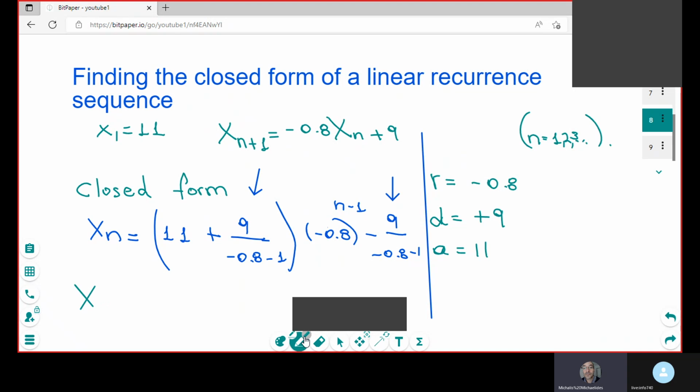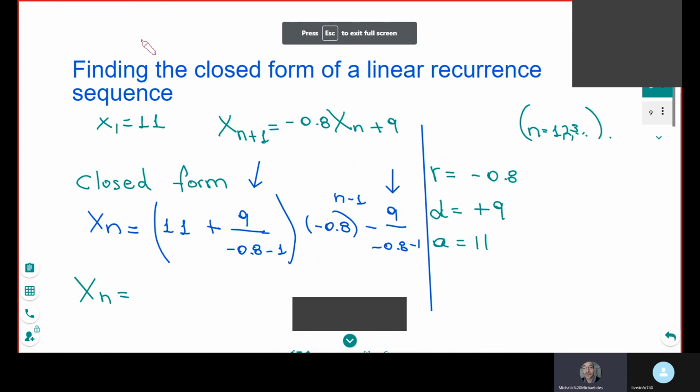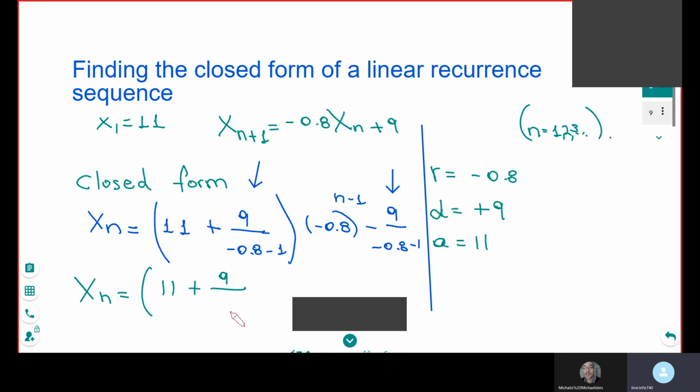So x, and bracket 11 plus 9 over, we do calculations here, and minus 0.8 minus 1 is minus 1.8. 9 divided by this is minus 5, so plus 11.